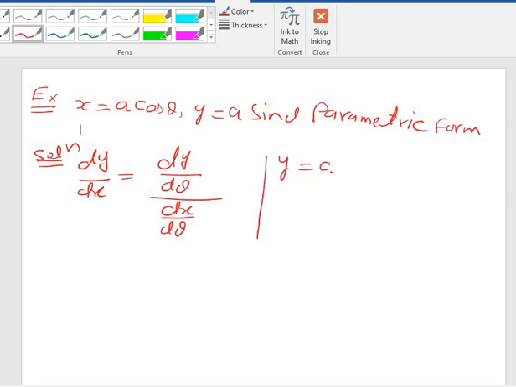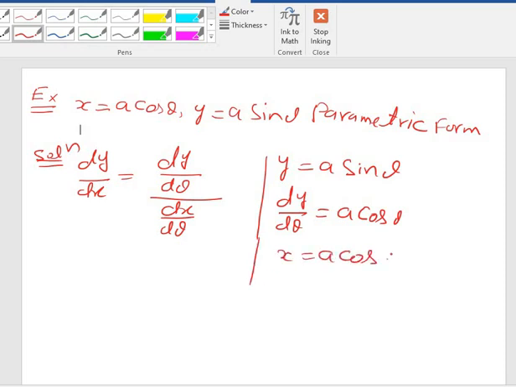Y equal to a sine theta, it means dy/dθ equals a cosine theta. Similarly, x equal to a cosine theta, it means dx/dθ is minus a sine theta. So what you have to do is just substitute these values here.